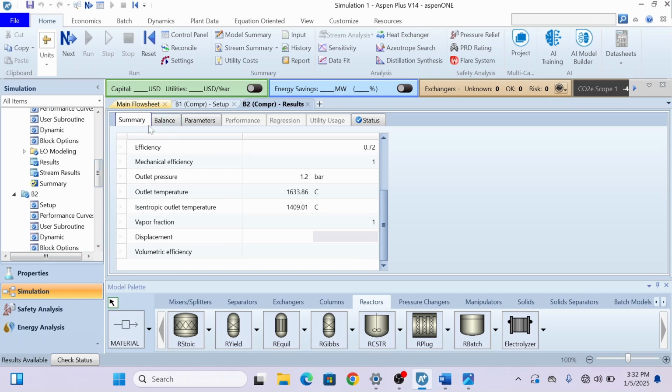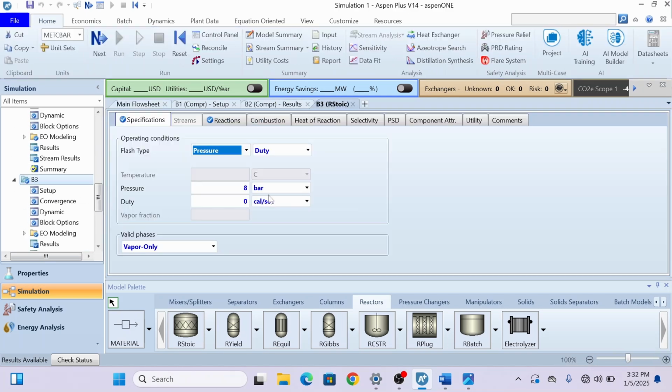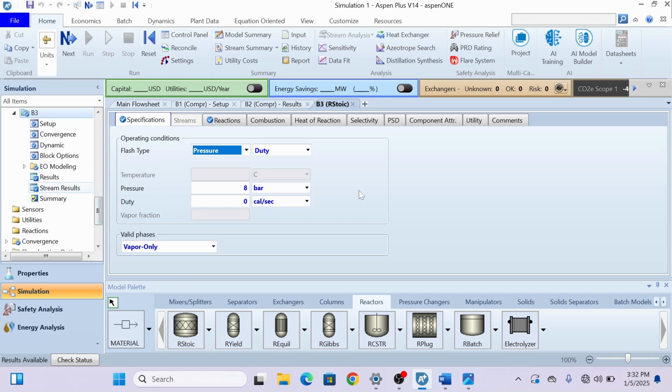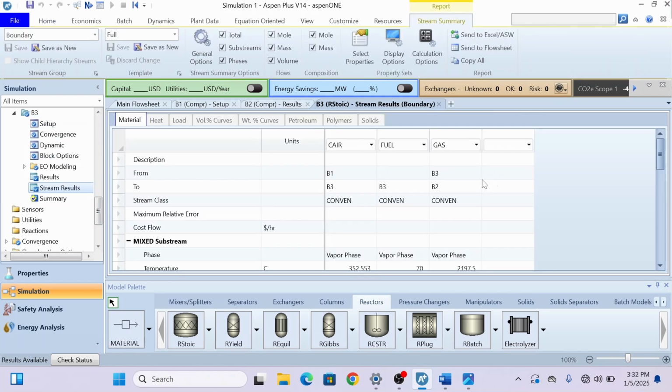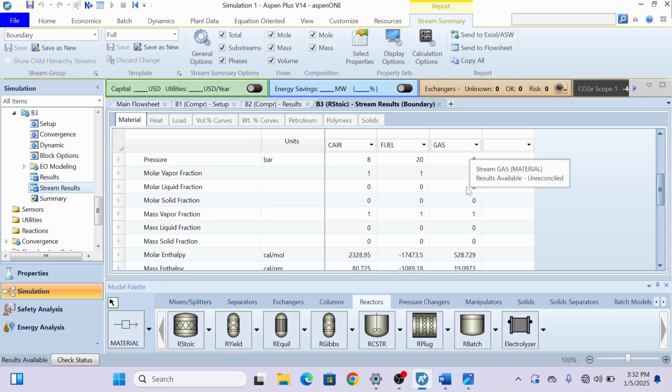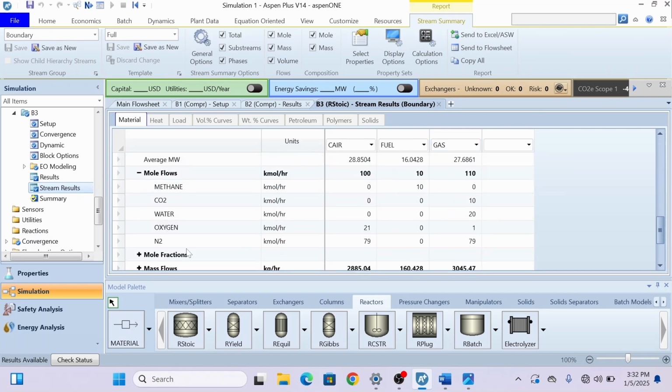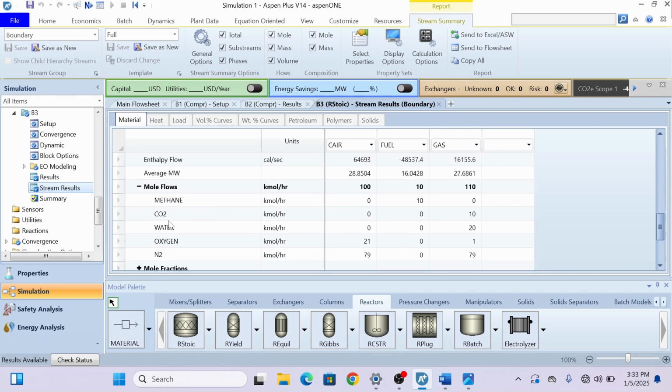For our excess air, press our B3 block, go to stream results, and press molar flows. In the mole flows, for oxygen, you can see that 1 mole of oxygen is going unreacted. So our oxygen is in excess.